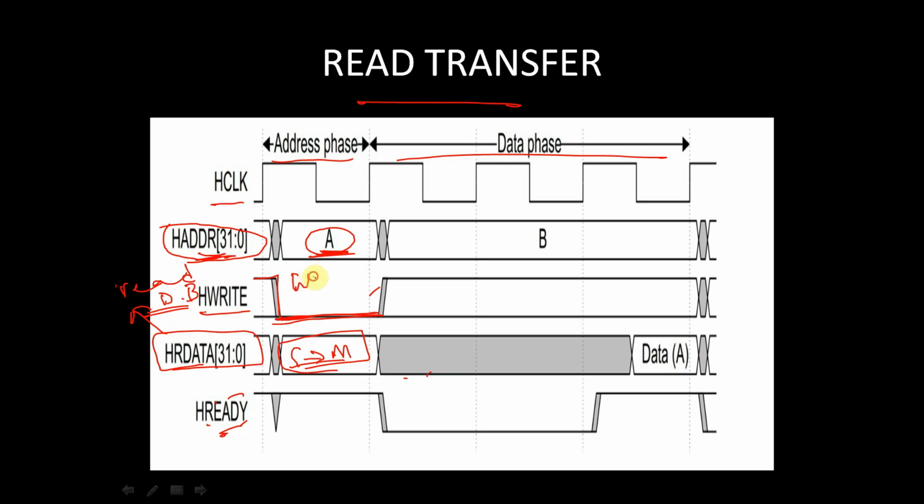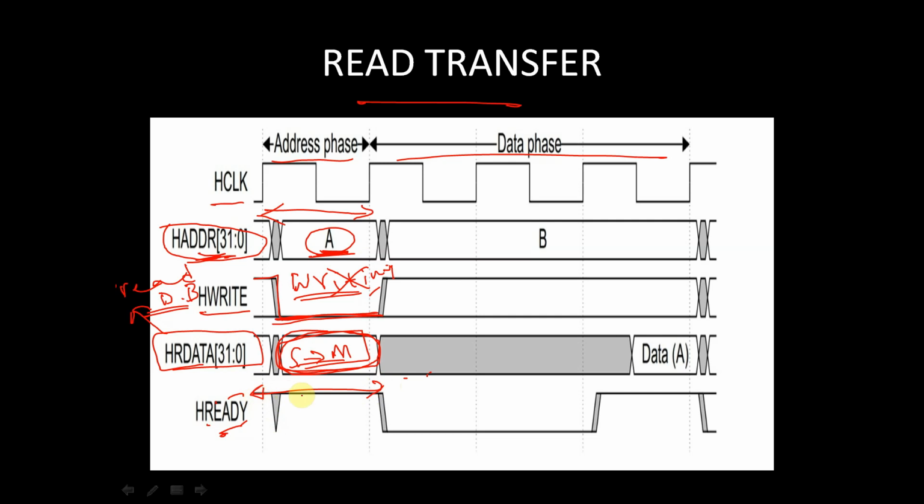So writing is not happening from master to slave. And here we can see no data is being read from the slave to master either. Here the HREADY signal is high in this duration of the address phase, but in the address phase only the exchange of address takes place and no data transfer takes place.